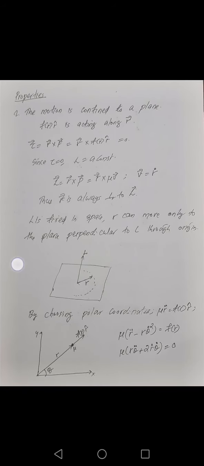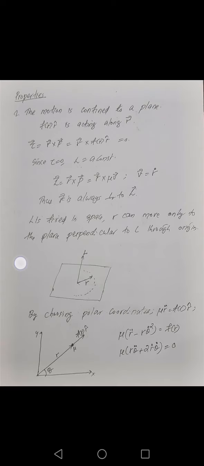Okay, now is that clear? So it is given in a plane, and remember there is no tangential component. And one more thing is that r cross F of r r cap is equal to 0.